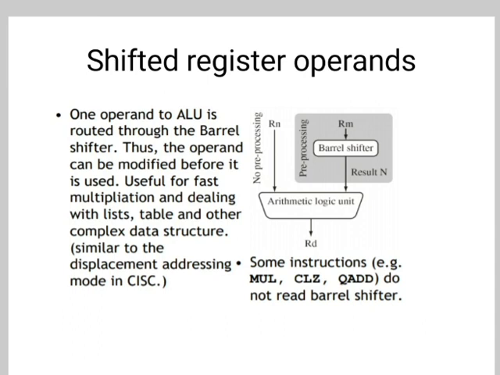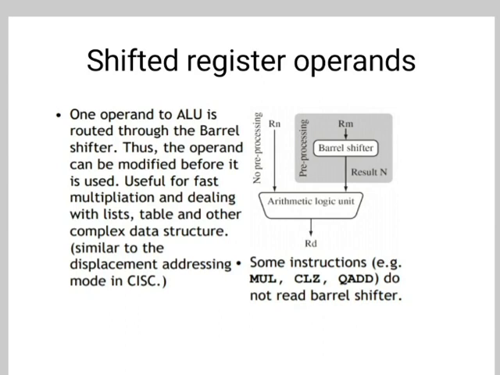So here in shifted register operand, one operand to the ALU is routed through the barrel shifter, thus the operand can be modified before it is used. Useful for fast multiplication and dealing with lists, tables and other complex data structures.